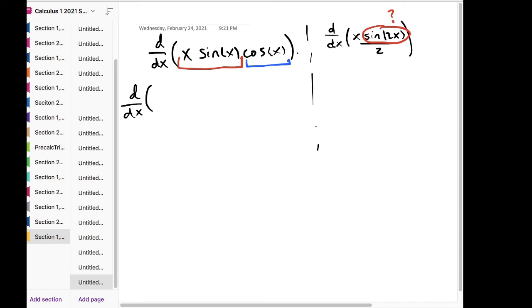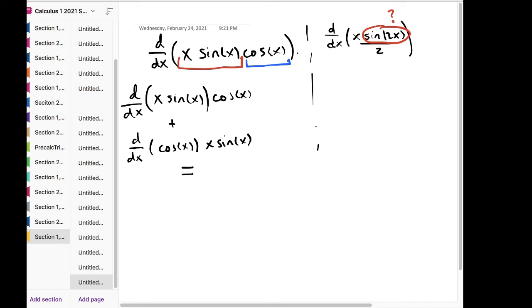Yeah, so we can take the derivative of x sine of x times cosine, plus the derivative of cosine times x sine of x. However, we need another product rule for the derivative of x sine of x.